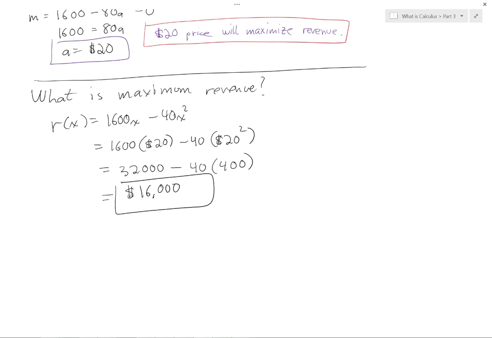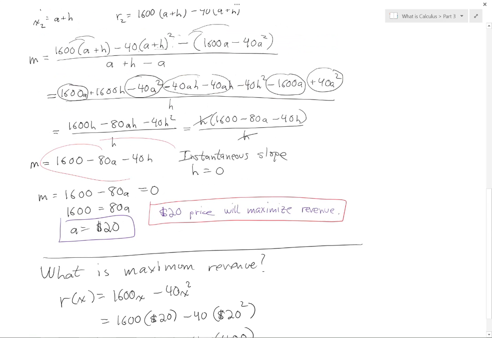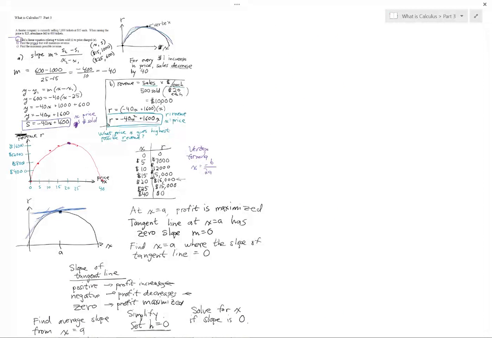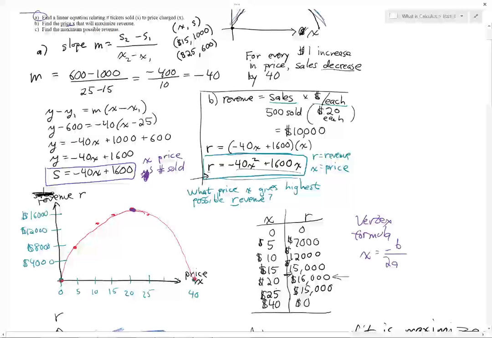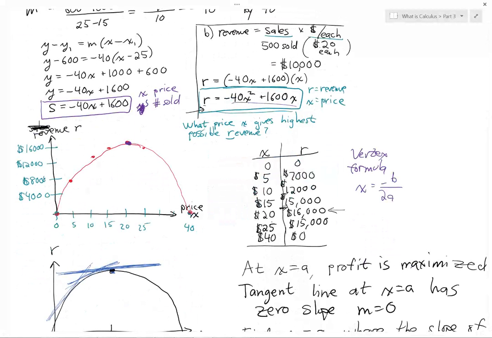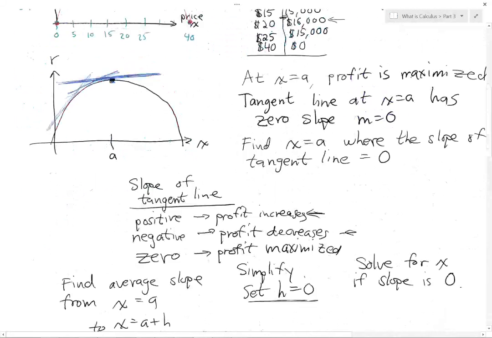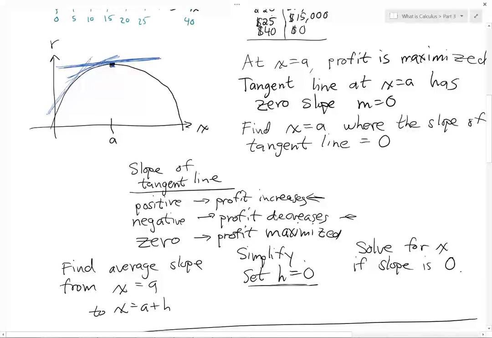Okay, well that brings us to the end of this lesson. Of course, we covered a lot of ground here. Just to recap, we started with the process of finding the linear equation. From there, we turned that linear equation for sales into a quadratic equation for revenue, and then we went through a lot of general explanation, general theory.